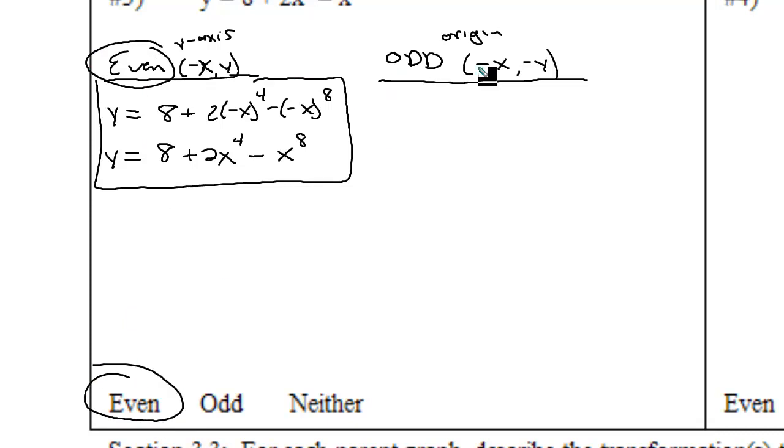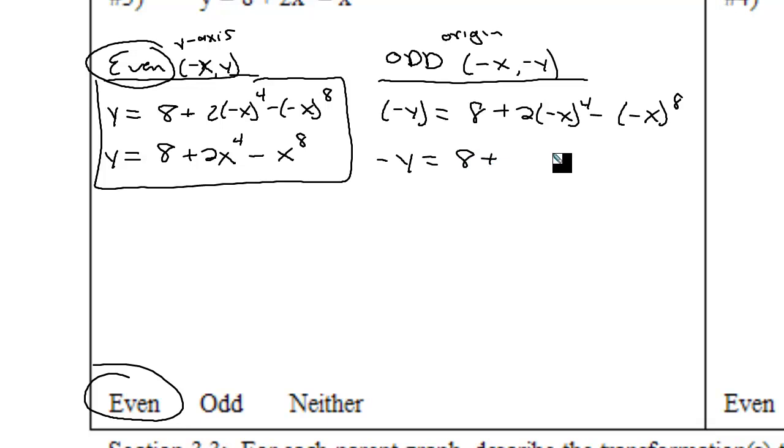Let's check for odd. For odd, we replace x with negative x and replace y with negative y. So negative y equals 8 plus 2 times negative x to the fourth minus negative x to the eighth.